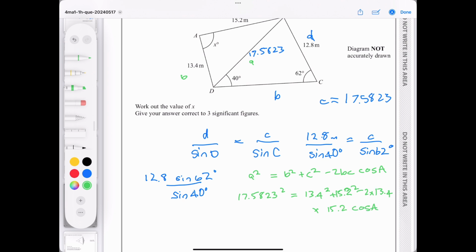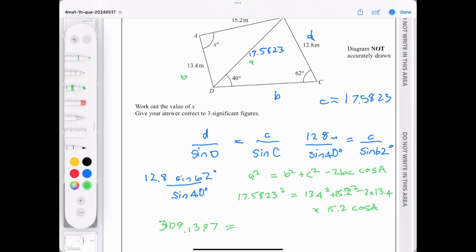So let's just do some of the maths. Times answer equals 309.1397.